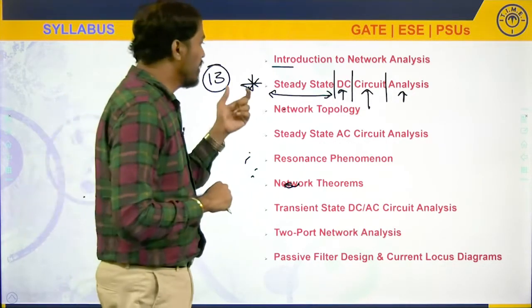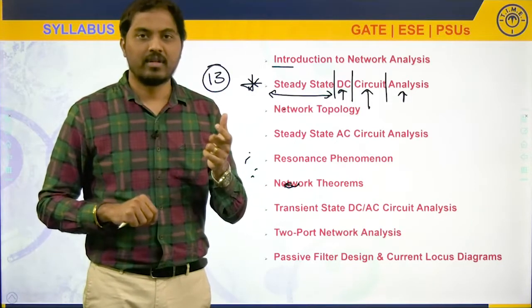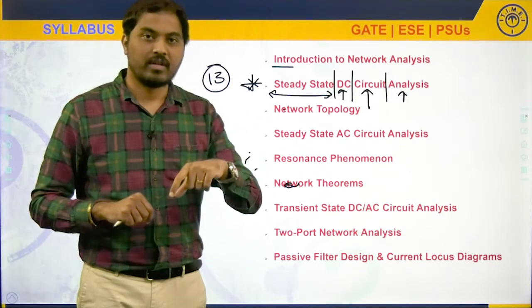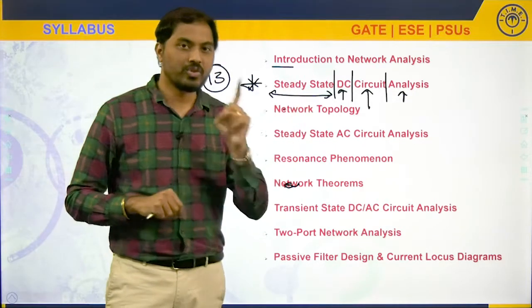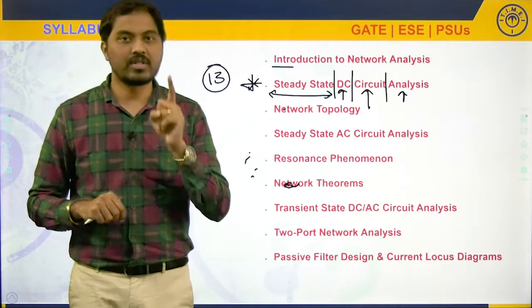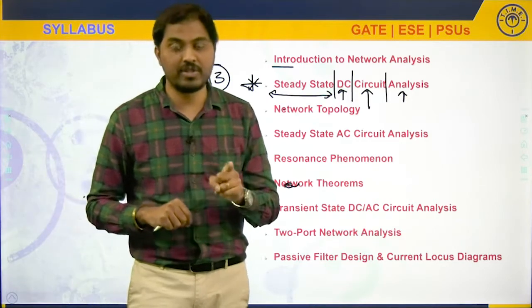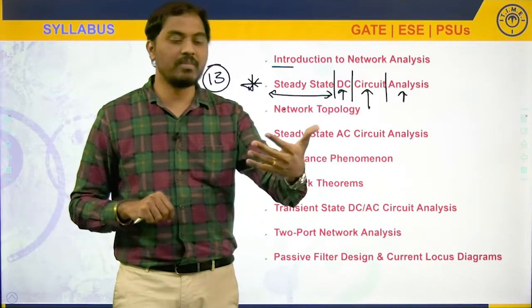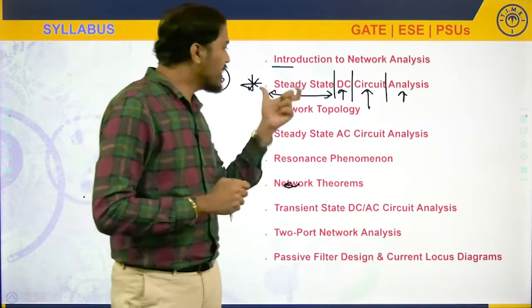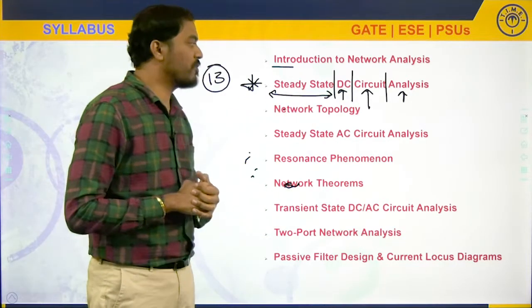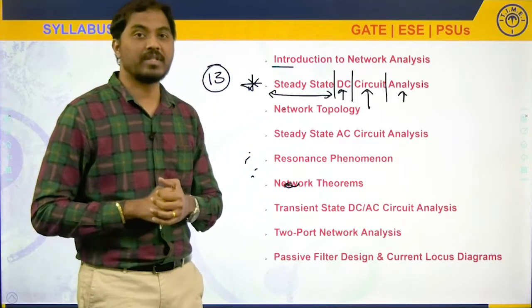Because learning the technique is not just important, which technique to be used where is what's important. So at the end of this chapter, you should reach such a position that as soon as you see any particular circuit, that particular bulb should glow, right? That is the main objective of this topic called steady state DC circuit analysis.